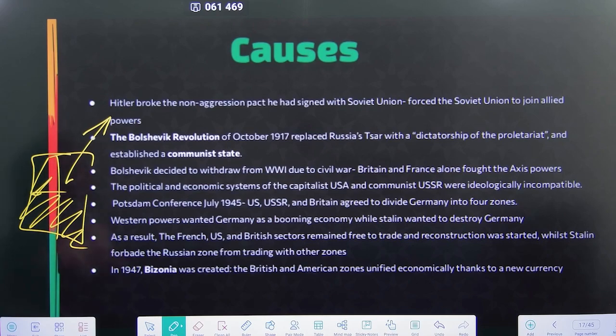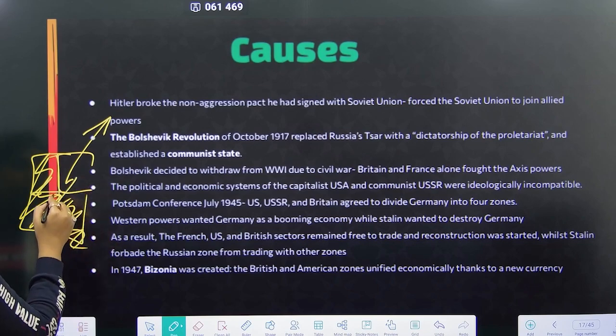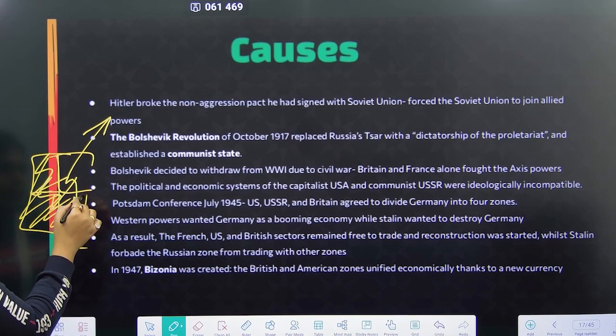As a result, the French, US, and British sectors were free to trade, and of course, reconstruction in Germany was started. They started to get Germany back into a stable state. Whereas Stalin forbade the Russian zone. Stalin said that they may be trading with each other, but this zone will not step into trade with them.